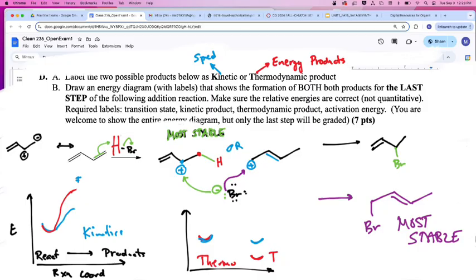We said the most stable was the green one. That produced the green product. And yet the green product is less stable, not the most stable. What the hell? Why is most stable different? Why is the most stable different through the course of the reaction?